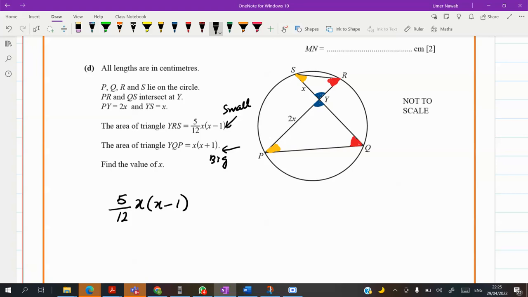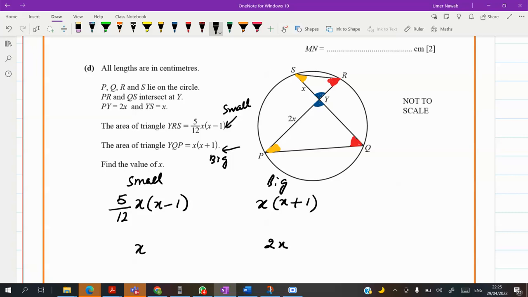So small is here, and compared with the big triangle, whose area is x and x plus 1. Now, my friends, what are their corresponding sides? For the small one, it is x. Both are in front of the red angles, x, and the big one is 2x.